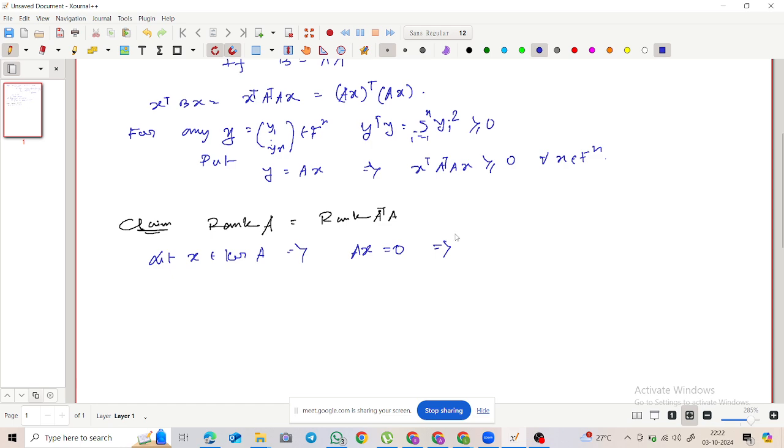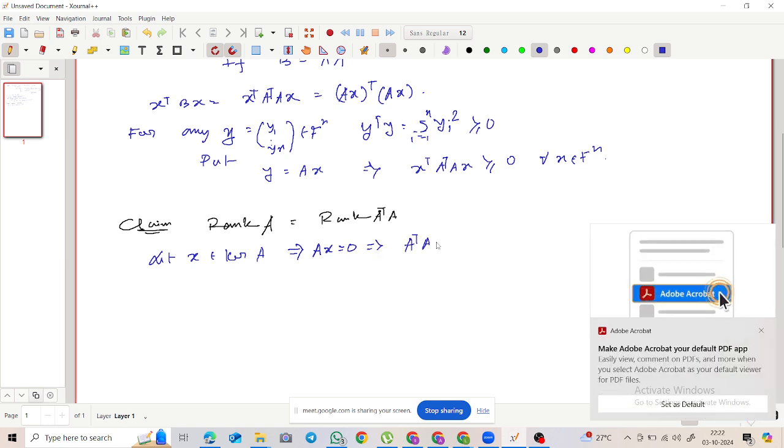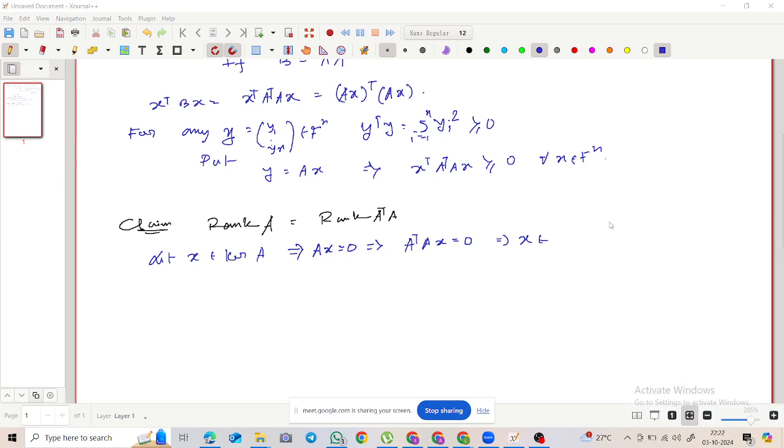That implies, right, kernel A is contained in kernel A transpose A.